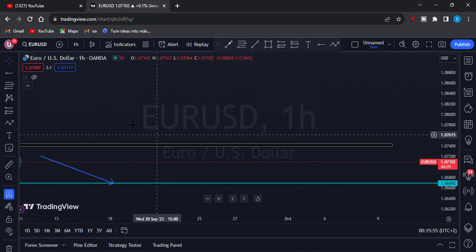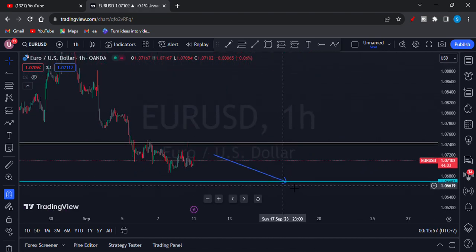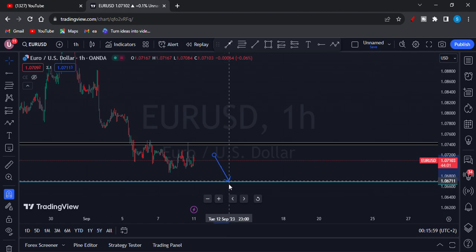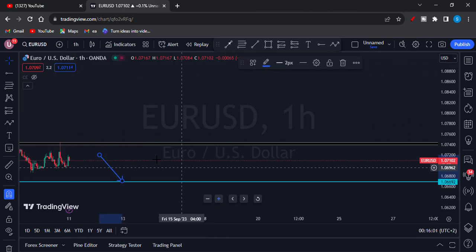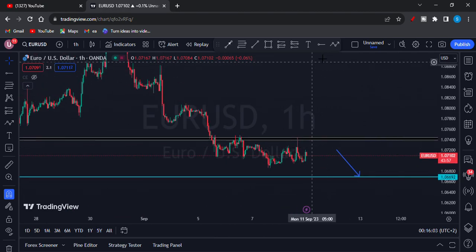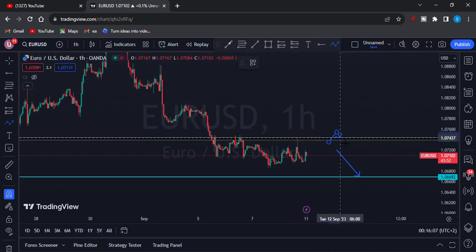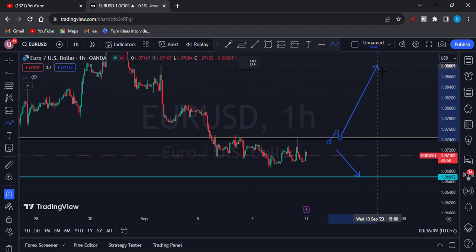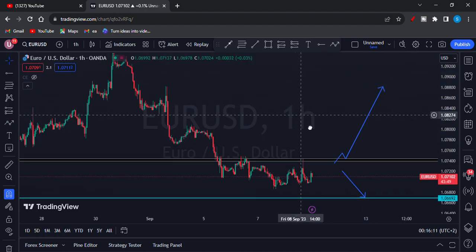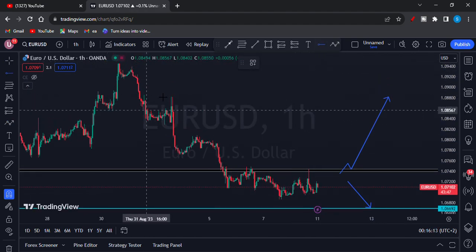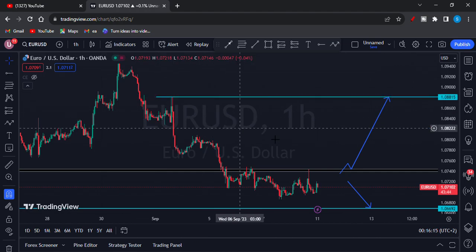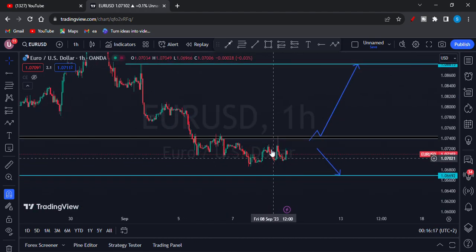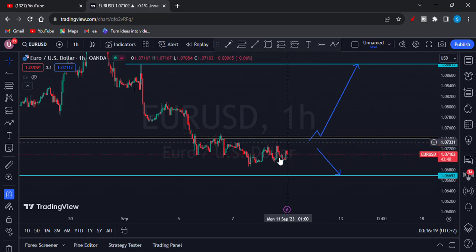But it's possible that, let me just do this, we can see something like a break, retest, then up to here. But we'll just see how the market's going to play out around these areas.